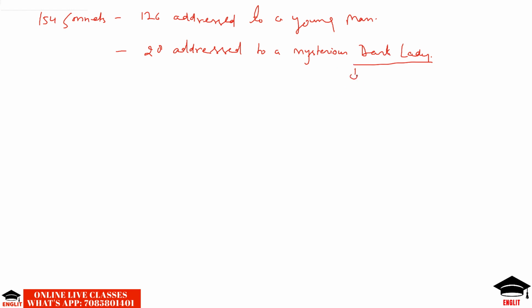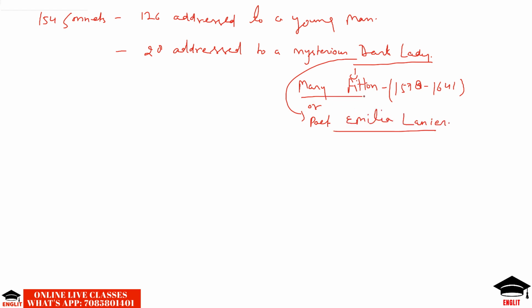Some people say it was Mary Fitton, who was born in 1578 and died in 1641. Or it may be the poet Amelia Lanier. So these two ladies are supposed to be the mysterious dark lady of Shakespeare's sonnets.